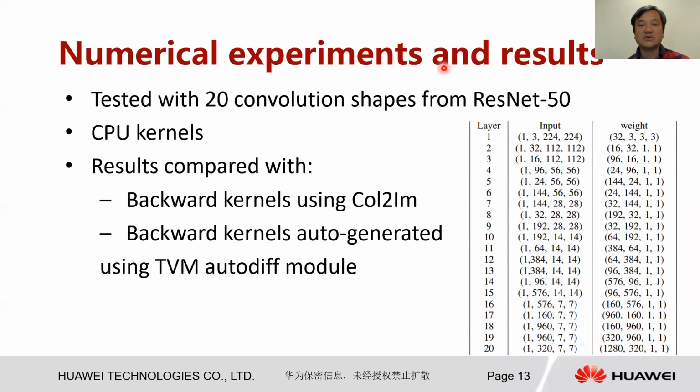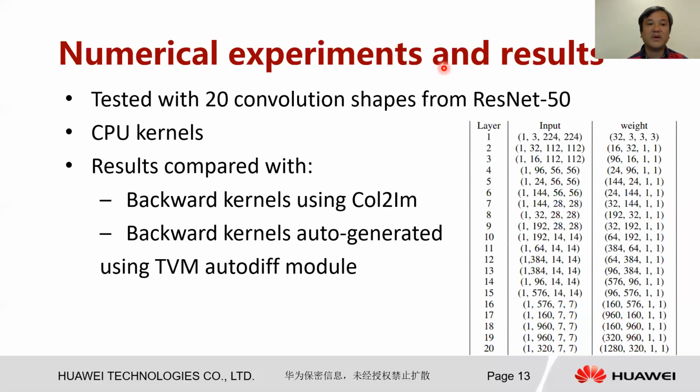So with those computation schemes, we try to test the performance. We started our numerical experiments with kernels for the inputs. We tested with 20 convolution shapes from ResNet 50. At this moment, the kernels and the data converters are implemented as CPU versions.